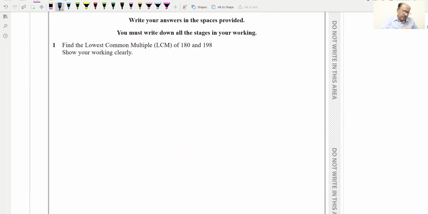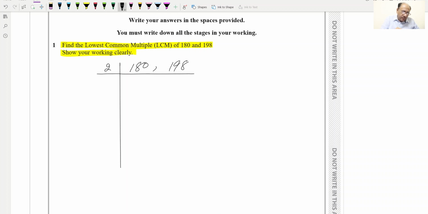Question number 1 says find the least common multiple, or lowest common multiple, of 180 and 198. Show your working also. So we can use the division method, and by the division method we take both the numbers, 180 and 198.